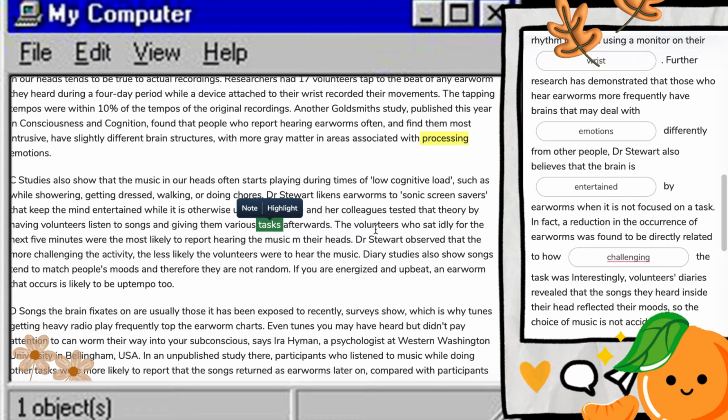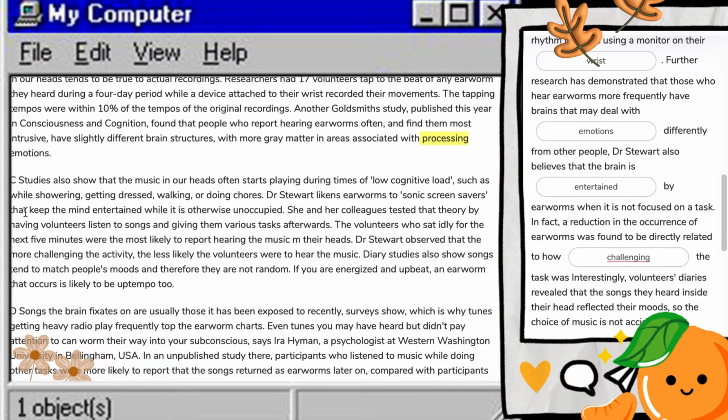Idly is when you do nothing, you literally don't do anything. It is the opposite of working, doing something.